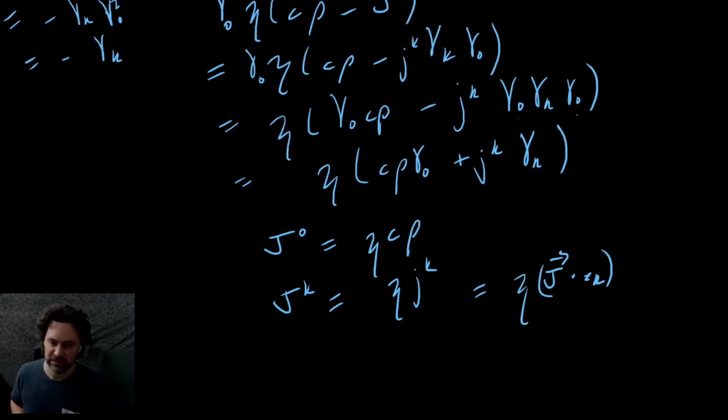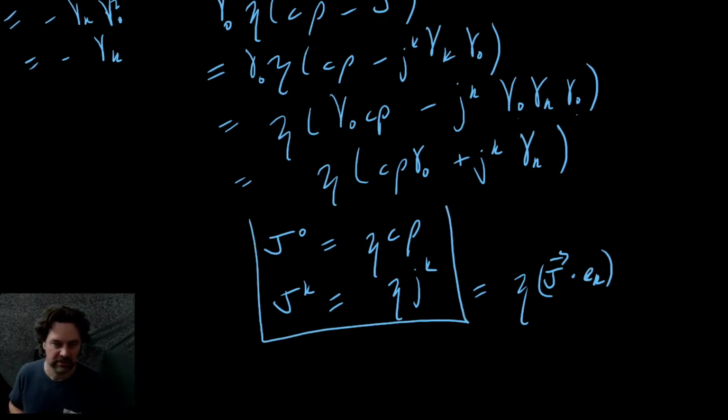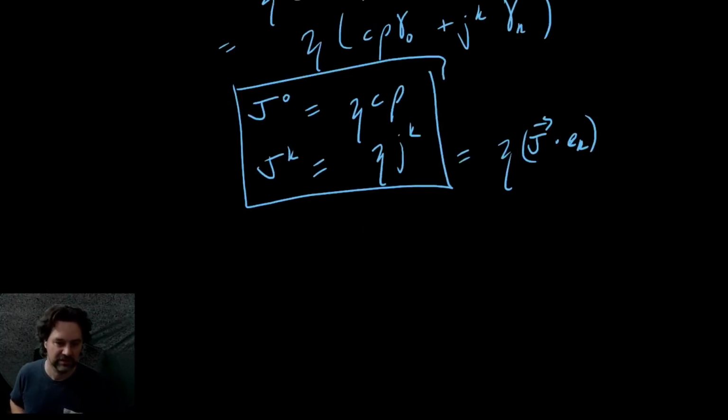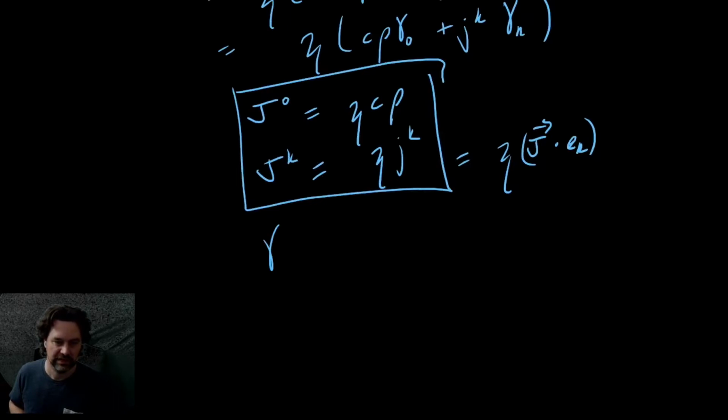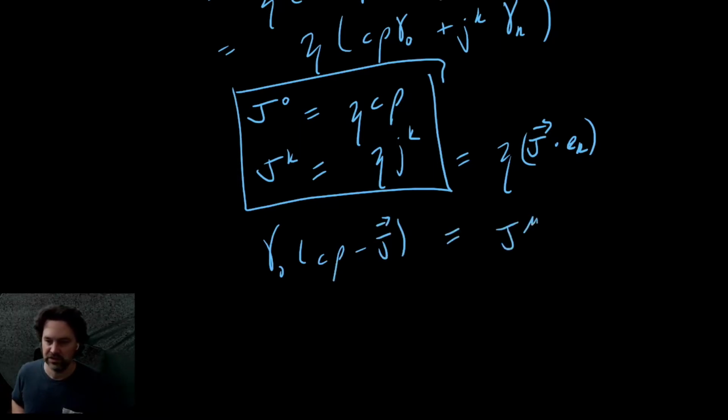So my small jk is vector j dotted with ek. If we make this identification, now we have gamma naught c rho minus j is j mu gamma mu. We'll write that as j.